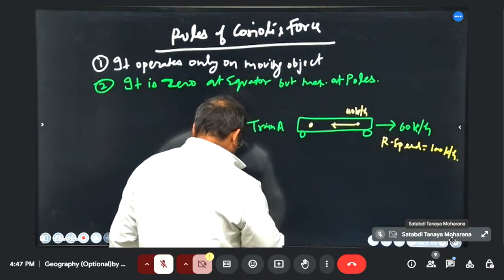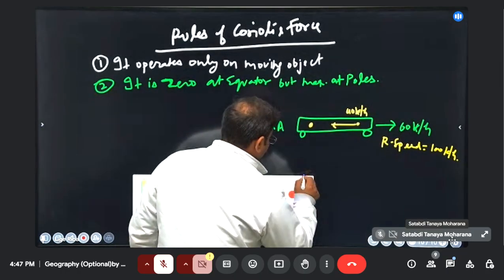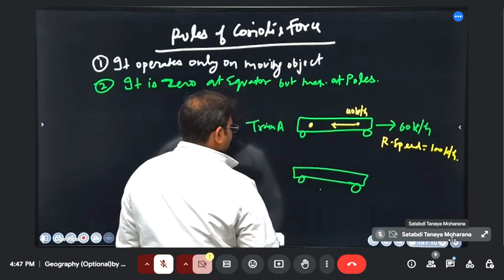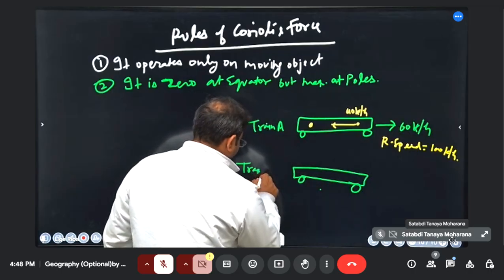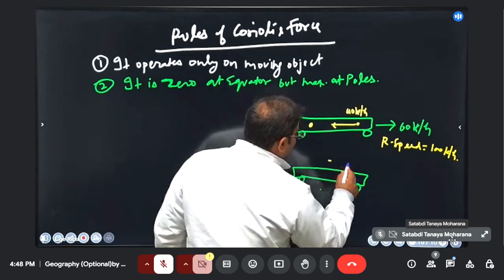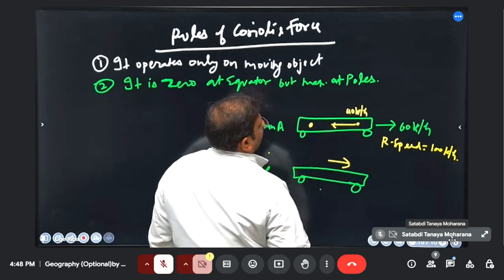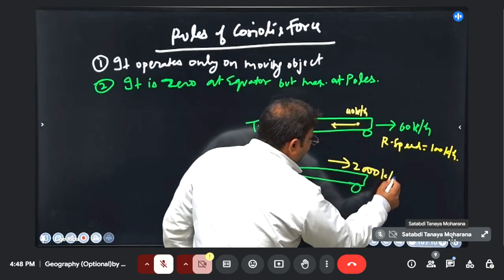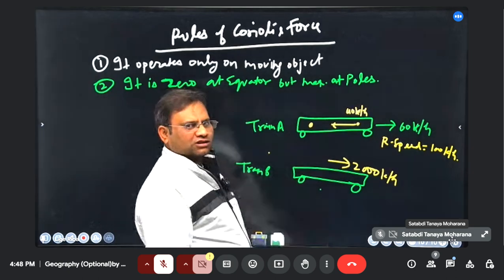But suppose this is a second situation. This is train B. This train B is moving in this direction with say 2000 kilometer per hour, very high speed. It is a super fast train.